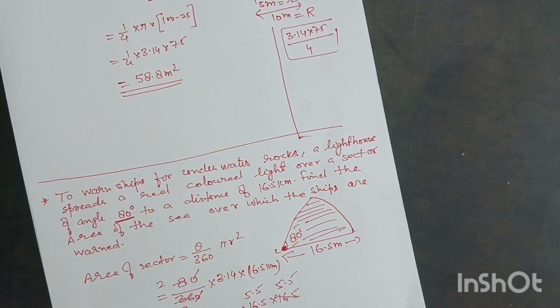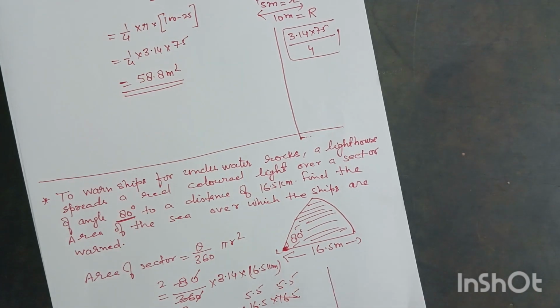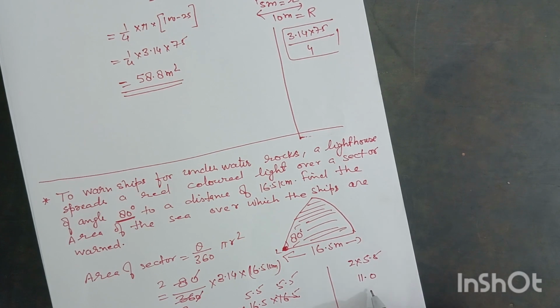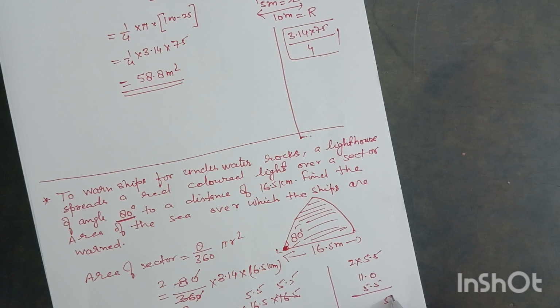So I hope you can multiply these figures. The 2 multiplied to 5.5, that is 11. 11 multiplied to 5.5, this will give you 11 5s are 55, and 11 5s are 55 plus this, 60.5, and then 60.5 multiplied to 3.14.